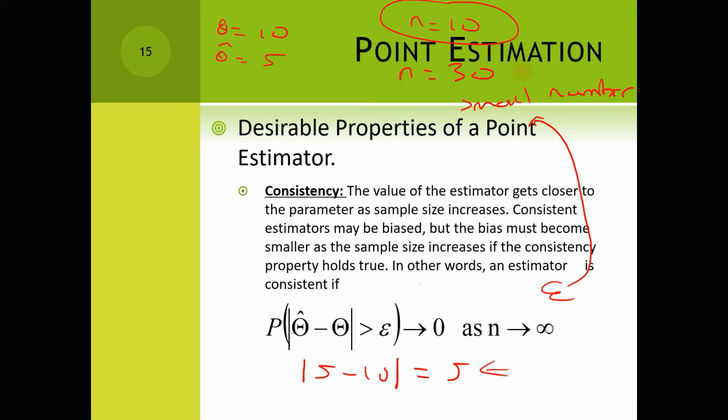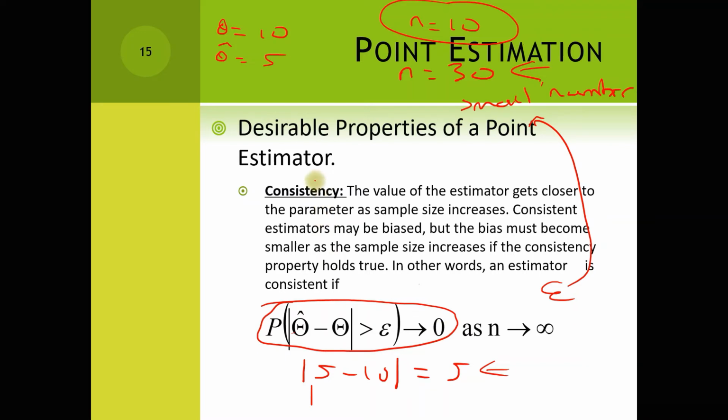But let's suppose you decide to increase your sample size. What is supposed to happen according to this principle? According to the principle, what we understand is that if the sample size starts to increase, the probability of having a difference greater than a certain number, whatever number it could be, greater than 1 or greater than 2 or things like that, should get closer to 0.